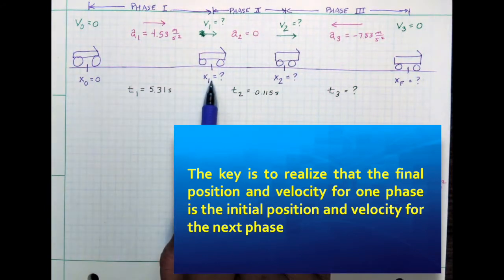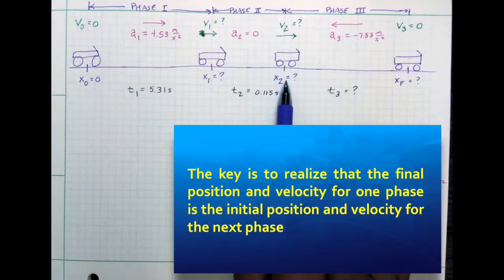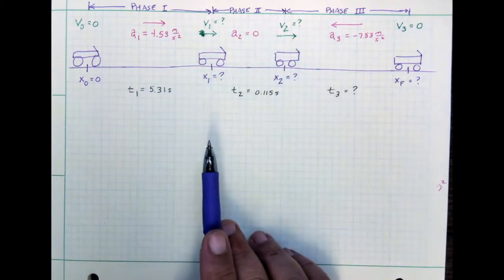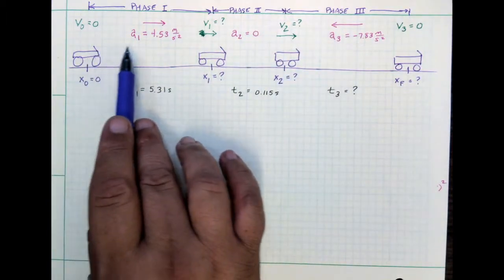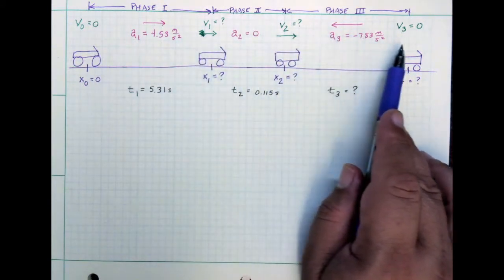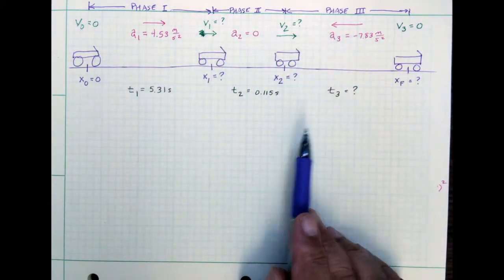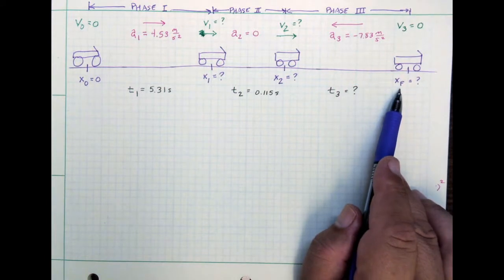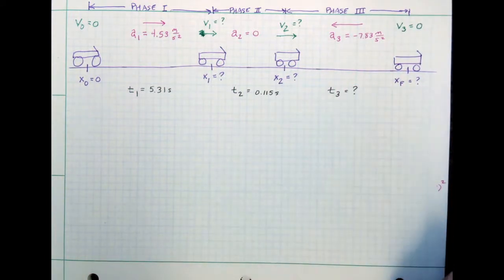The final position of phase 1 is the initial position of phase 2. And the final position of phase 2 is the initial position of phase 3. Therefore, these phases are linked. So if we can start a chain of solutions working our way down the diagram, we can ultimately find this final position and answer the last question.